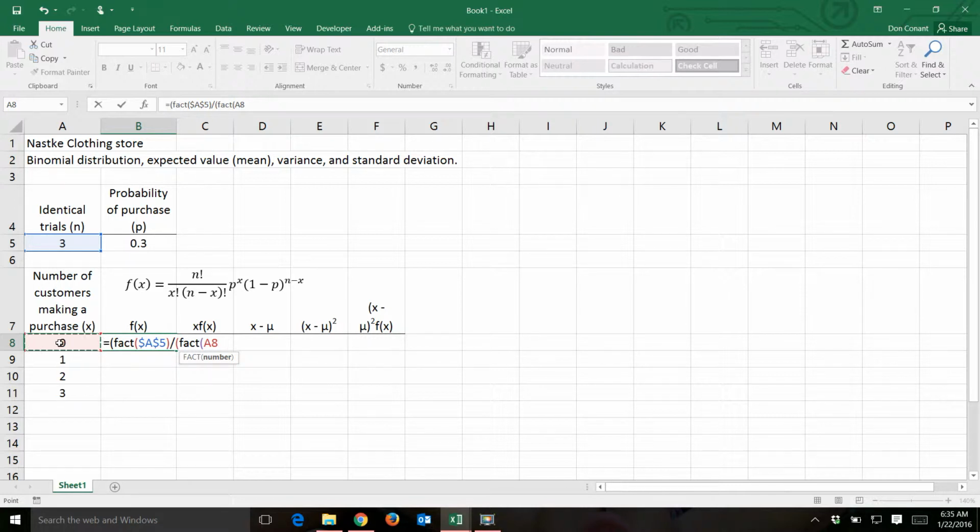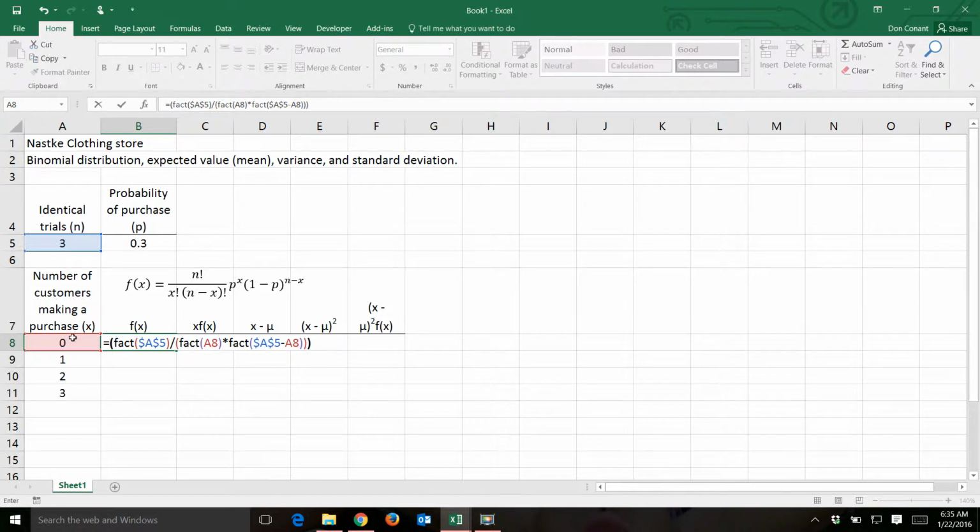I'll leave that relative because as I copy it down, I want it to change. Then I want to multiply that times the factorial of n, which I will make absolute, minus x, which I will leave relative, so it changes as I copy it down.